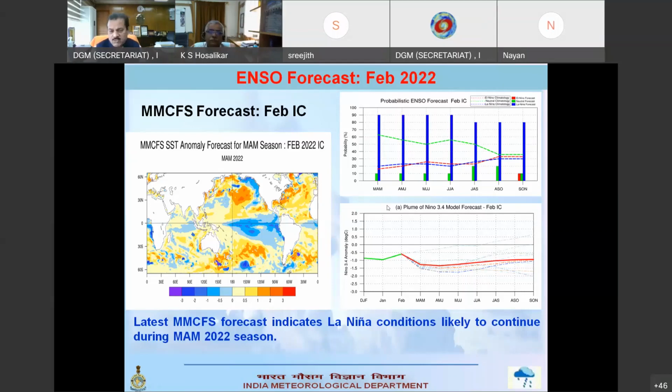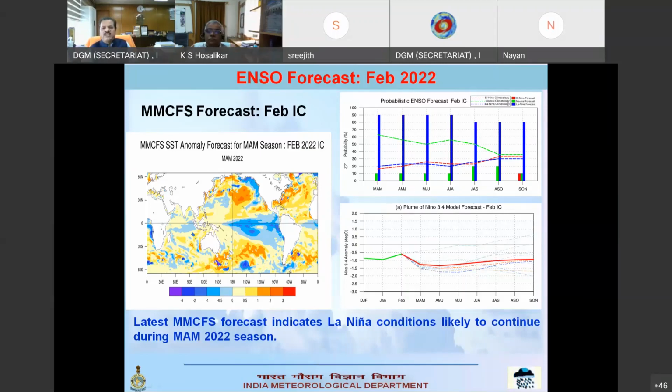If I calculate the average of 3 months continuously, March, April, May, this blue bar indicates the La Nina conditions, the green bar indicates the neutral conditions, and the red bar indicates the El Nino conditions. So what does it indicate?